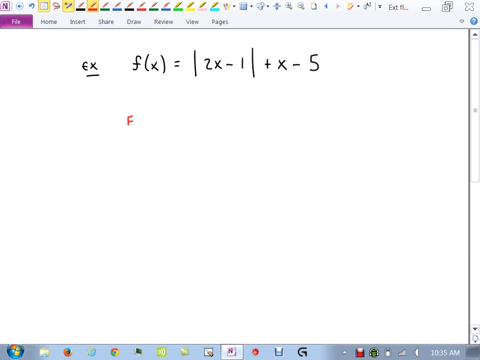So let's try something here. Let's find f of -3. So we'll do absolute value of 2 times -3 minus 1, close it, plus -3 minus 5. So I've replaced all my x's with -3s.